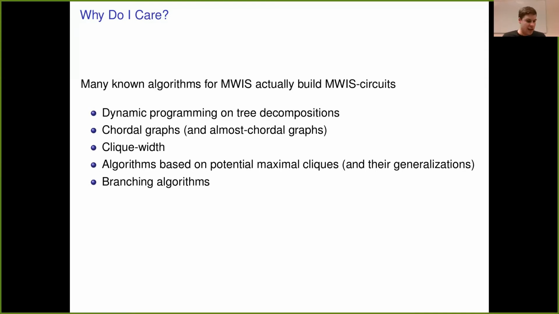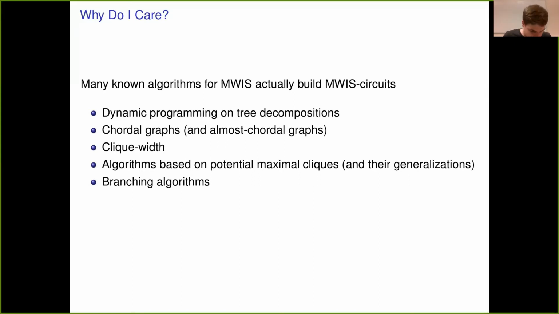This has been really popular lately for getting new results for maximum weight independent set. And of course, branching algorithms. So I claim that most of the algorithms published within the last 10 years for maximum weight independent set just build MWIS circuits.